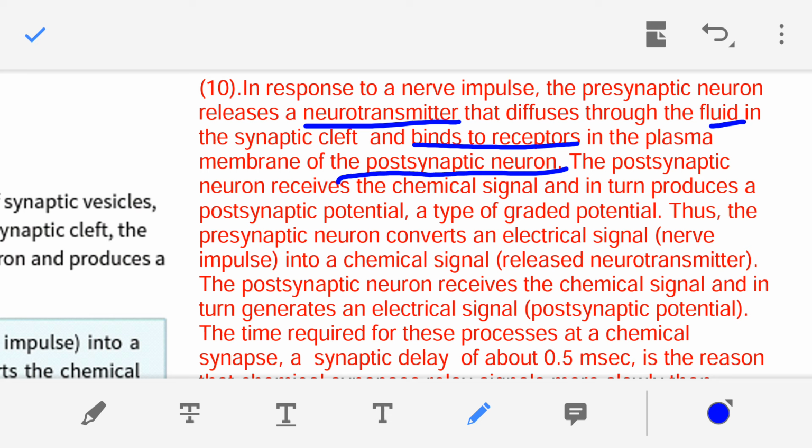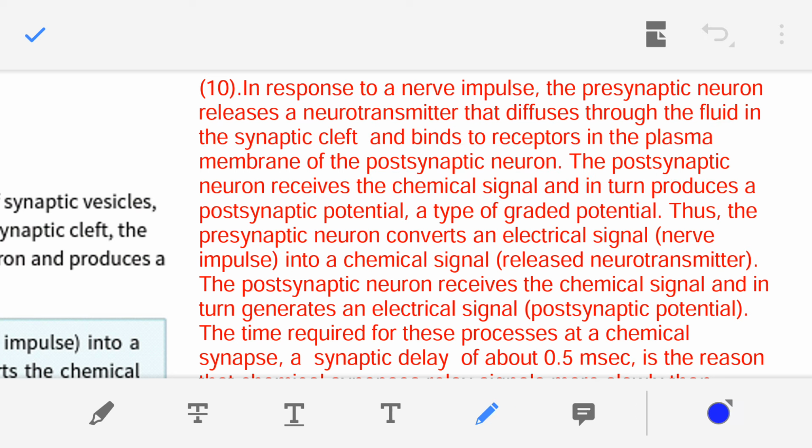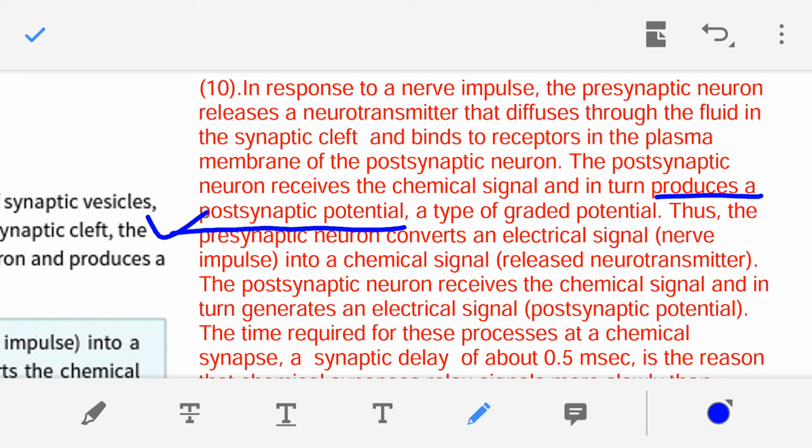So in the form of neurotransmitter, the postsynaptic neuron receives the chemical signal, and in turn produces a postsynaptic potential. As the neurotransmitter combines with the receptor on the plasma membrane of the postsynaptic neuron, there is a potential change in the postsynaptic membrane, and this potential change is known as the postsynaptic potential. It is a type of graded potential.